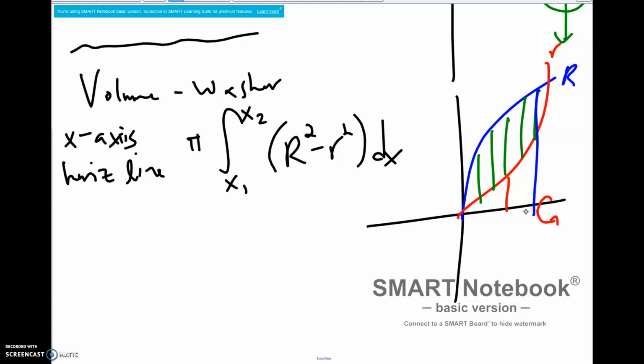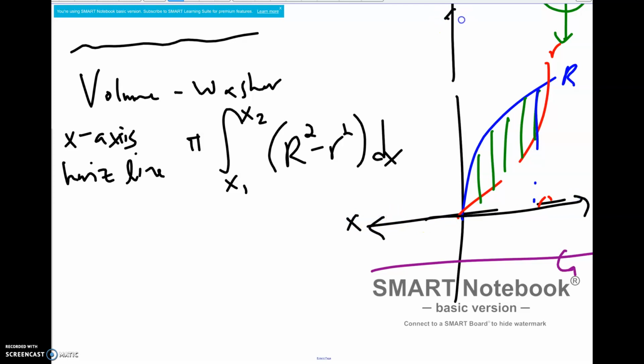Now, if I was rotating about a horizontal line, okay, let's put a line over here, and then this is the x-axis right here. You could still see that there's a gap between the green strips and this purple line that I'm rotating about.